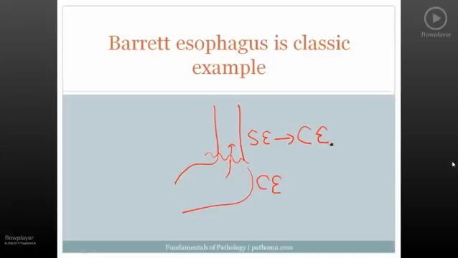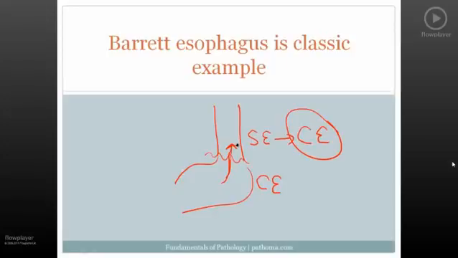Again, it's important to know these details. Columnar, non-ciliated, mucinous type of epithelium. And the idea here is that columnar epithelium is much better suited to handle acid. And so when acid shoots up from the stomach into the lower esophagus, the cells in the lower esophagus basically change from squamous to columnar in order to better deal with the stress of acid.